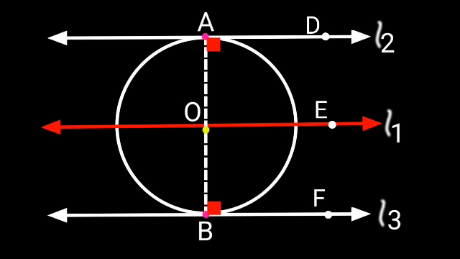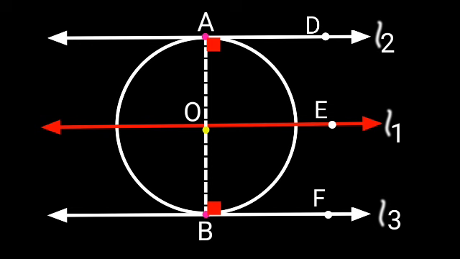From the given example, here is one circle having center O. There are two parallel tangents, that is L2 and L3. The touching point of tangent L2 is A, and the touching point of the second tangent L3 is B.